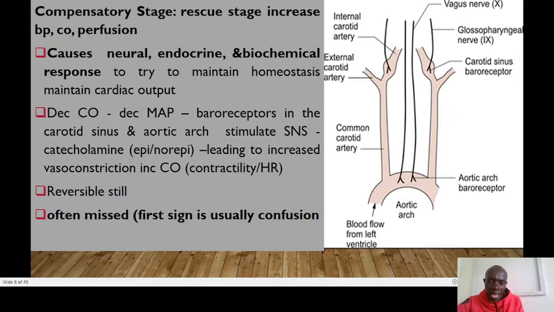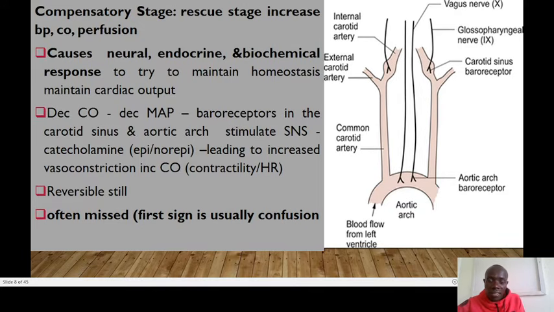These are potent vasoconstrictors, so there will be increased vasoconstriction, and they are going to improve the contractility of the heart. In the same process, the heart rate is also going to rise. So we are going to at least have some improved cardiac output.